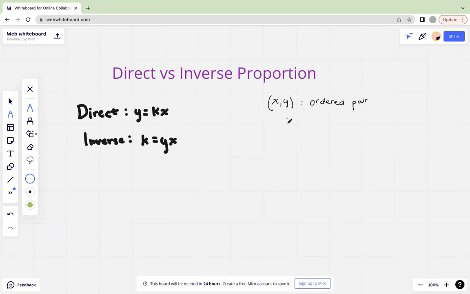And k is known as the constant of proportionality. So let's go over the brief definition of constant of proportionality.